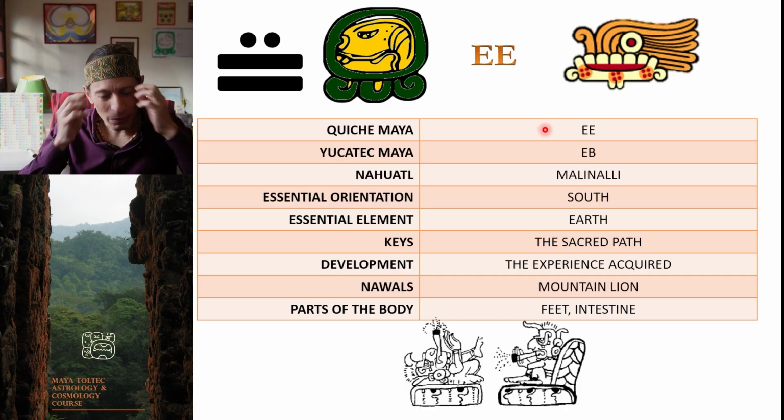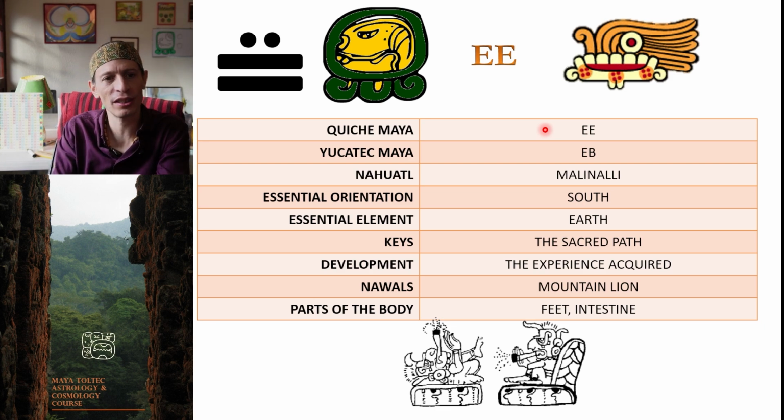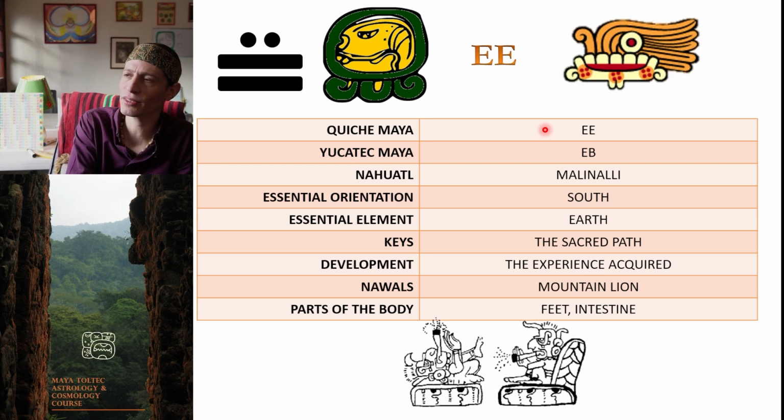So, some keys here to understand this sign, a person of the sign. Now, how does a day of the sign manifest?